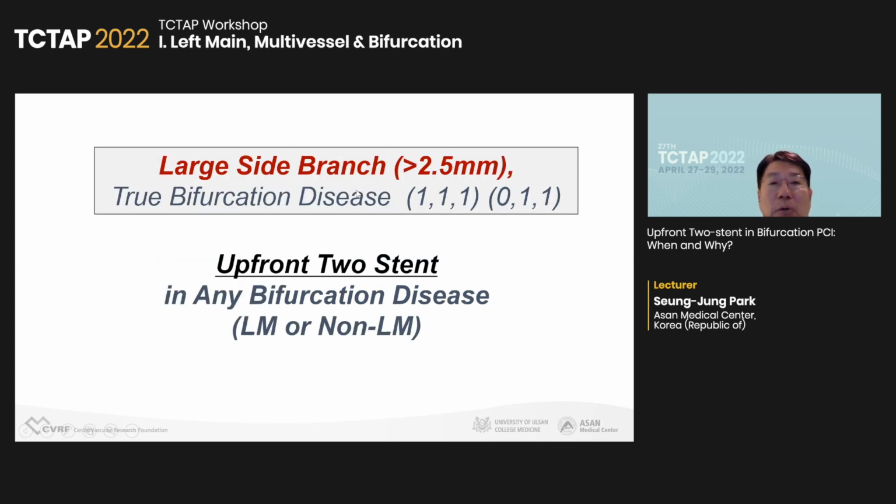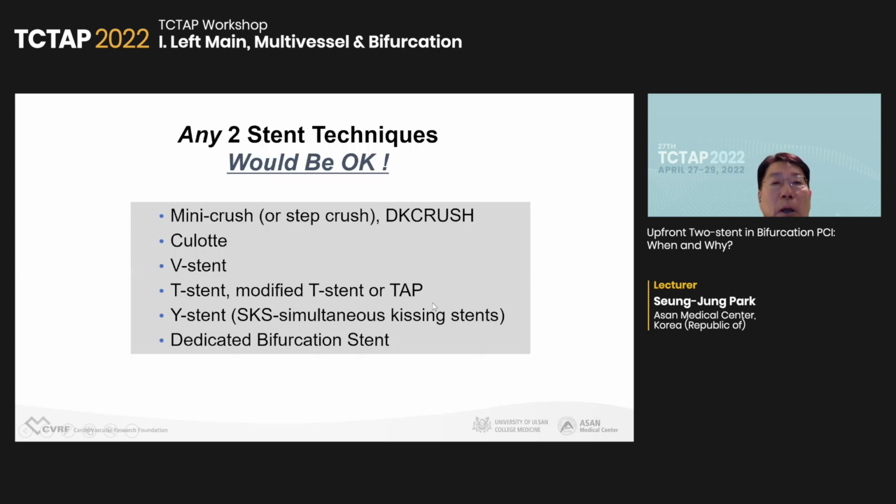In case of large side branches, more than 2.5 millimeters, true bifurcation disease 1,1,1 or 0,1,1, go upfront to two stents, in any bifurcation disease, so the left main or non-left main, whatever, you use the two-stent technique, DK crush, just shown in Chan's presented data.